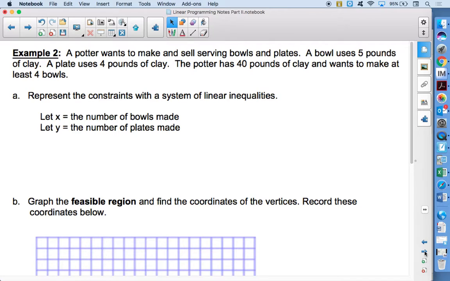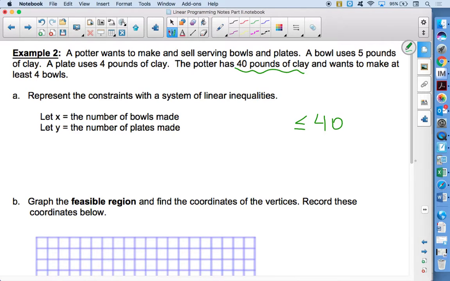All right, so the first inequality deals with the pounds of clay. You have at most 40 pounds of clay. You can't use any more than that. How many pounds does a bowl use? How many pounds does a plate use? It says a bowl uses 5 pounds and a plate uses 4 pounds.